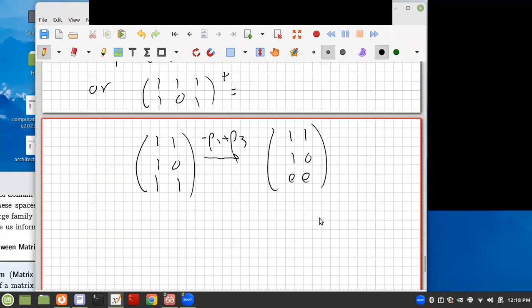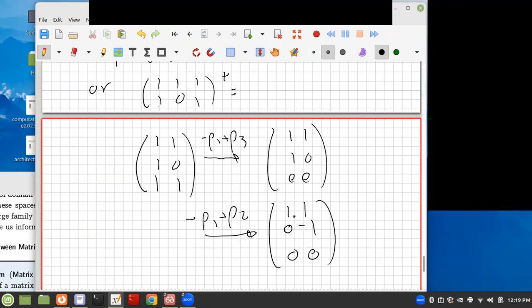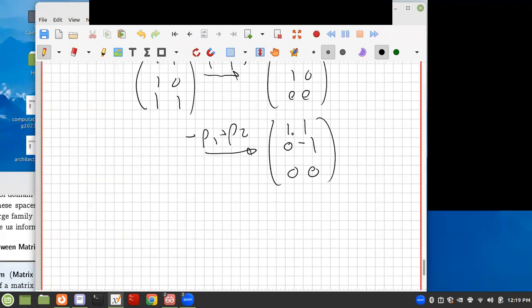And then we would do minus row 1 plus row 2 to give 1, 1, 0, minus 1, 0, 0. And then this would be an echelon form. So therefore this is going to be a basis for this row space here.